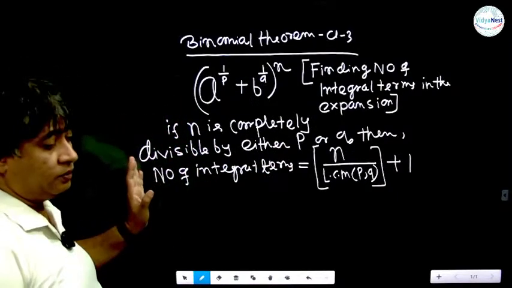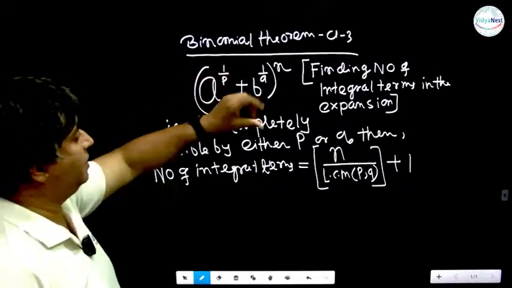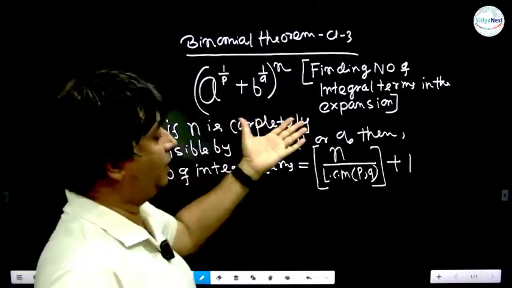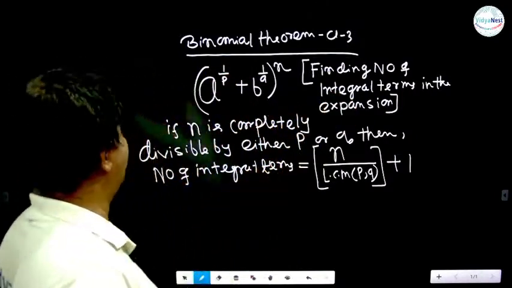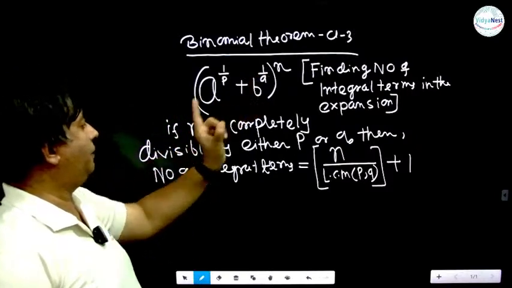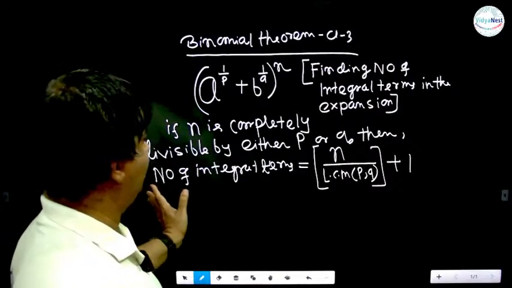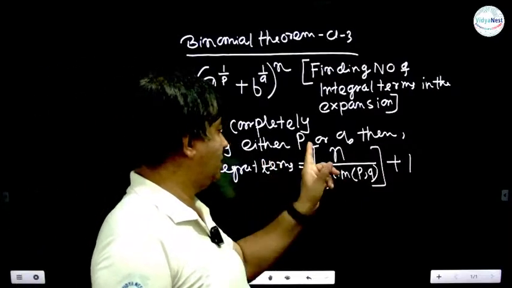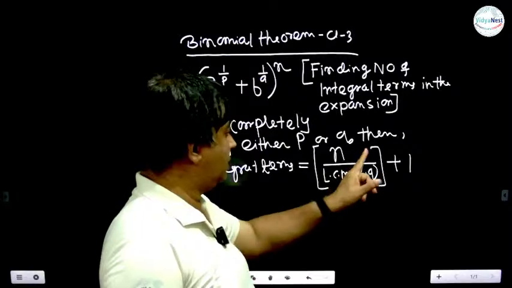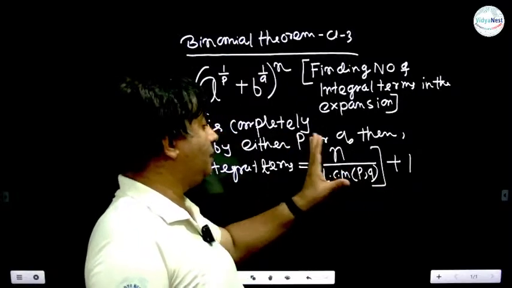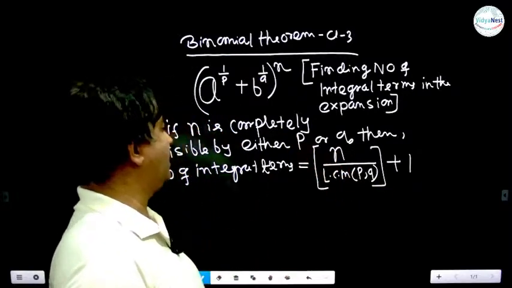So this is the expansion. We have to find the number of integral terms in the expansion. If n is completely divisible by either P or Q, then the number of integral terms is this, where the bracket implies the integral part, the greatest integer function.